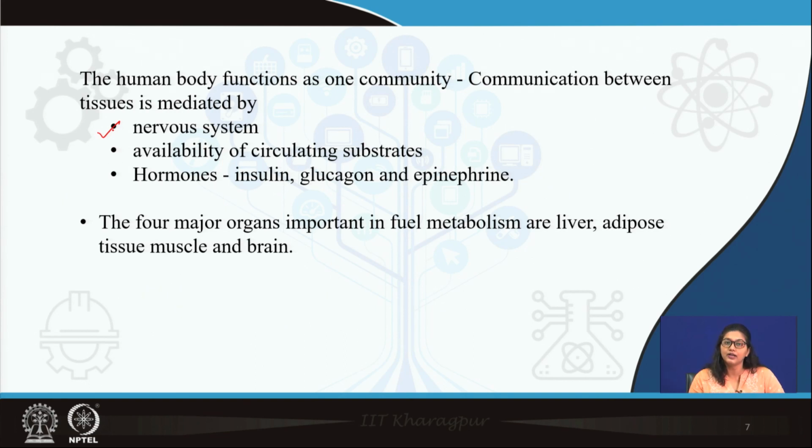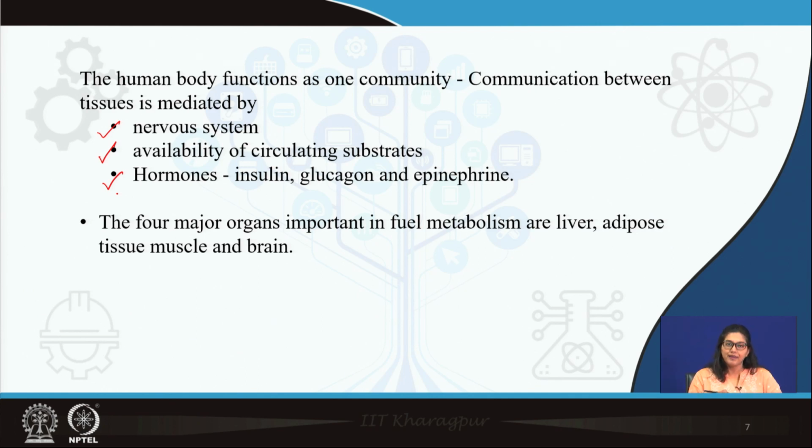Then availability of circulating substrates, what fuels are available which can be utilized as fuels or as future fuels, is a deciding factor. And finally, the most important one, the trigger for all these switches, which decides when to store and when to utilize, is different hormones. Hormones like insulin, glucagon, epinephrine give signals to our body.